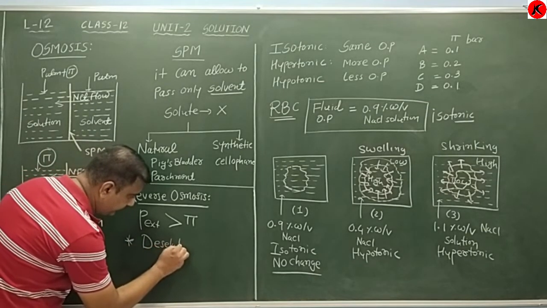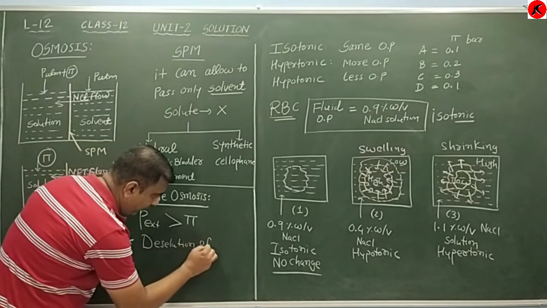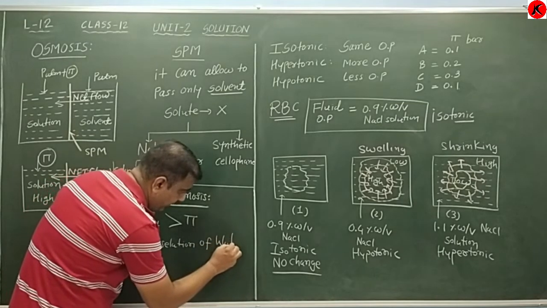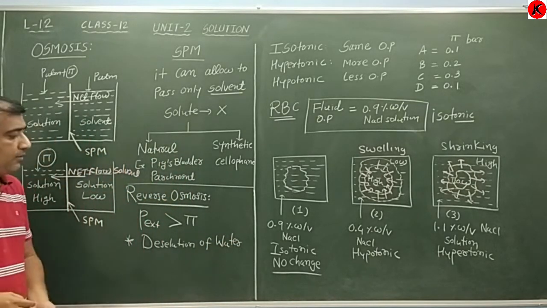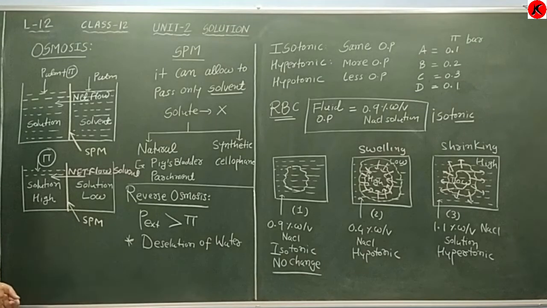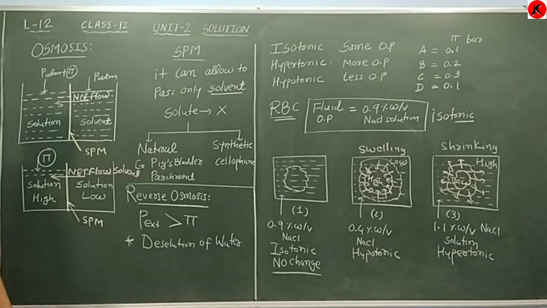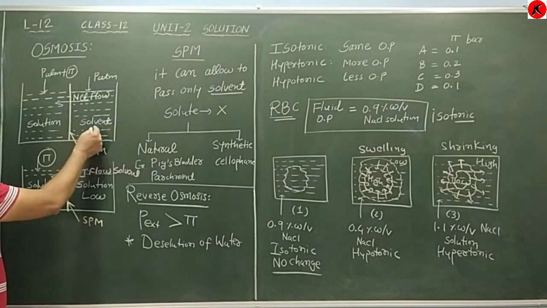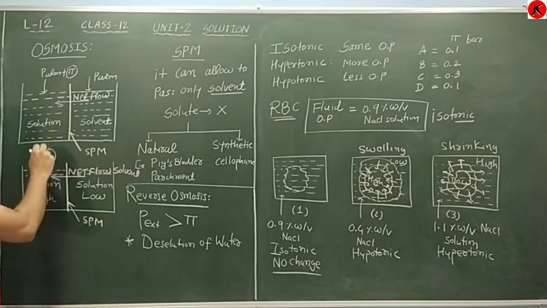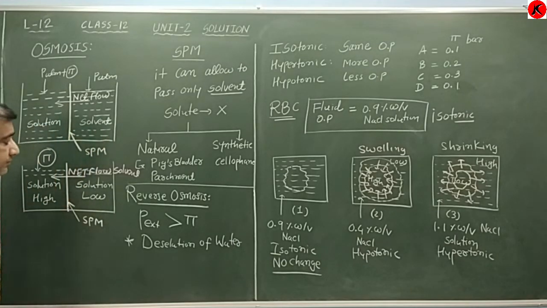Desalination of water. That means you can purify seawater with the help of the concept of reverse osmosis. Suppose on one side we have kept pure water and here seawater is there.